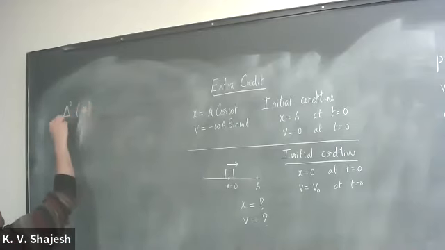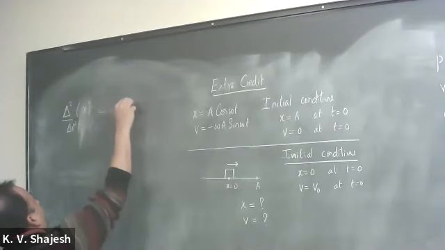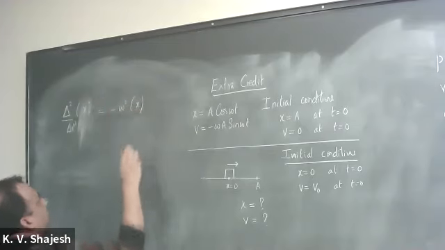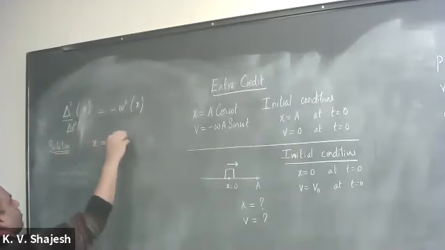So the second change in x is equal to minus omega squared times x. And that led to solutions, correct? If we encounter that property, the solution is x is equal to A cosine omega t.